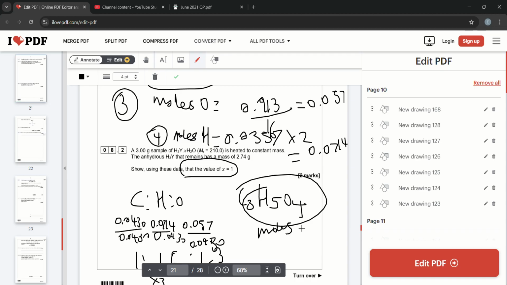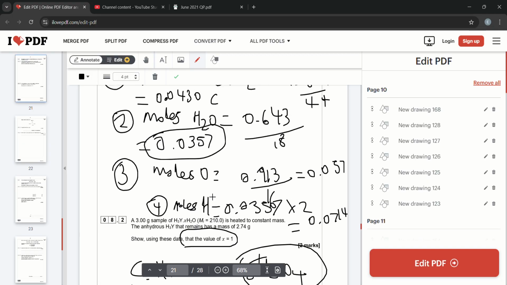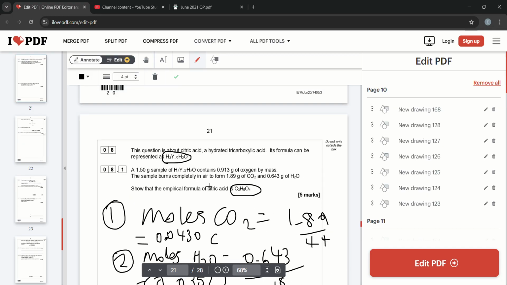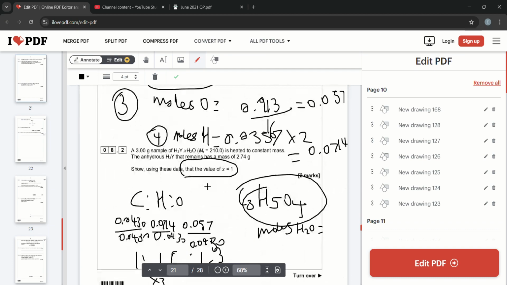So moles of H2O equals, because we know a 3 gram sample of this and anhydrous H3Y has a mass of this, to find out the mass of H2O is just going to be this minus this.